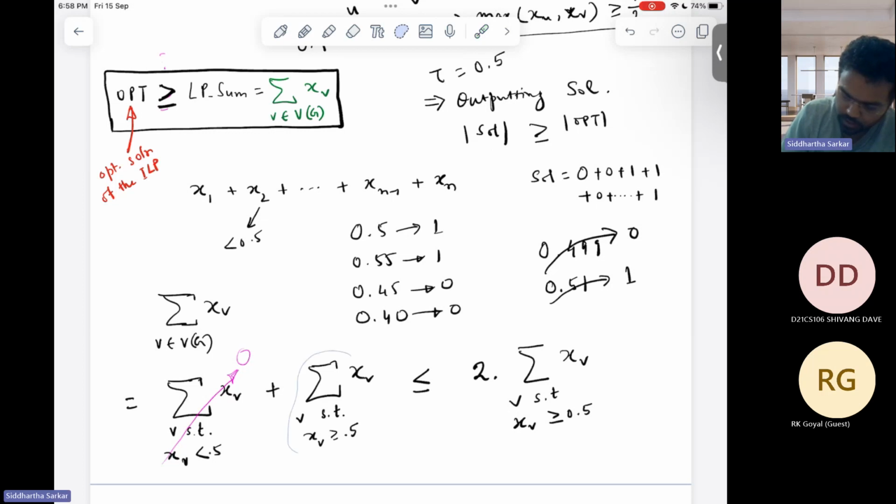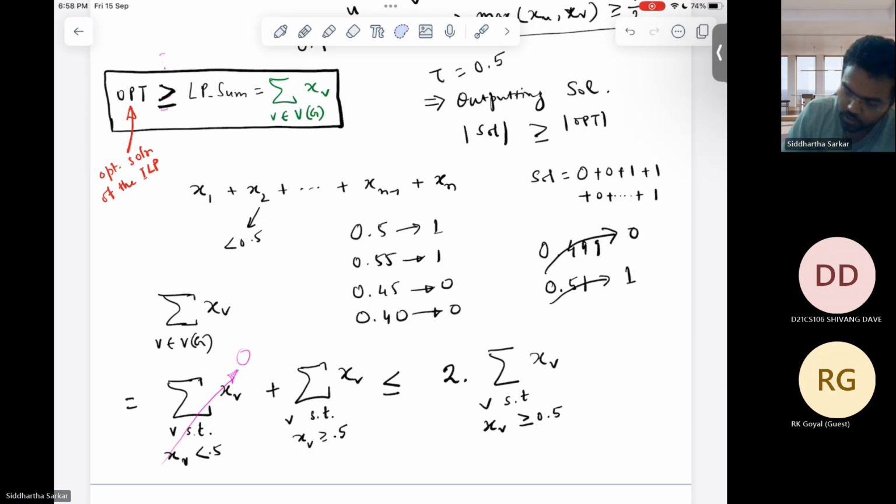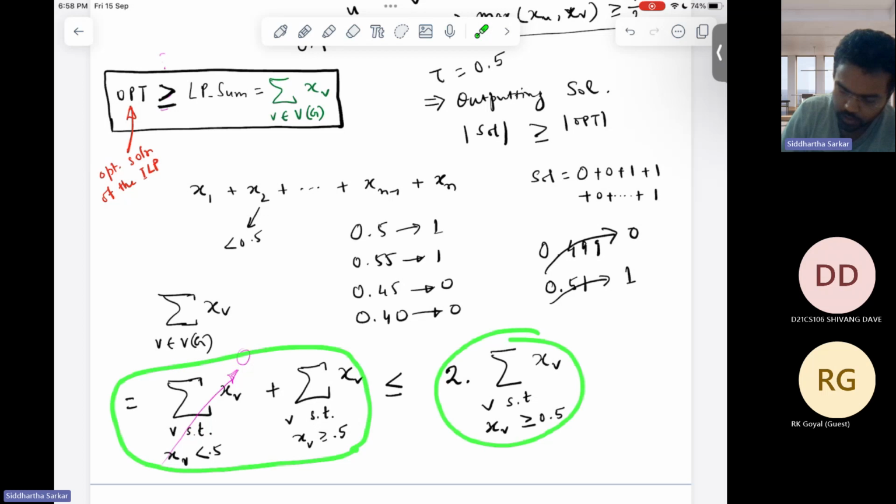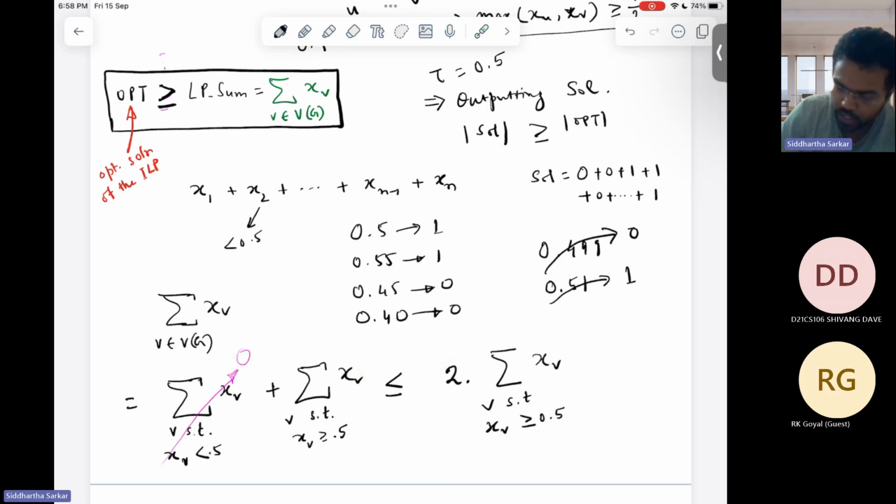I did all these things, but it was not necessary. So now what we will do? This inequality is established. We have something which is larger on the right hand side and something which is less than or equal on the left hand side. Now, if we add some positive quantity on the right hand side, that will still hold. So we can now add 2 times all these vertices such that xv is less than 0.5.